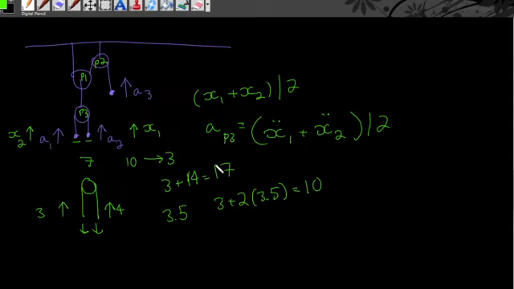Dang it, I suck at pulley problems. Okay, let's see, how do we do this? So we know this is moving upwards, and we want to save string, which means this pulley would also have to be moving upwards at the same acceleration to save string.